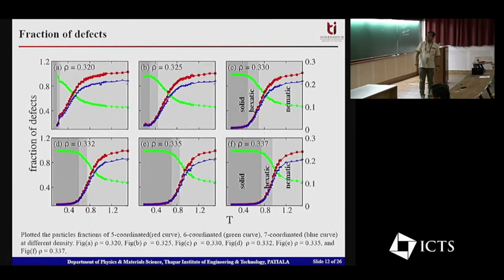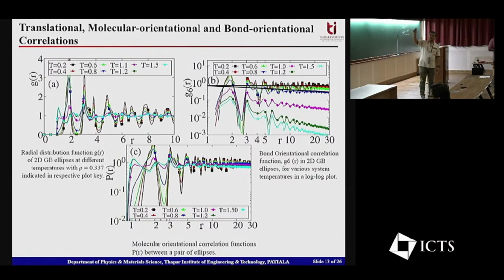When you plot this G6, it looks like this. On the top, you see that black curve, which is more or less horizontal. If it is a hexatic phase, then this curve would not be horizontal, meaning long range orientational order is not there. It would be logarithmically or algebraically decaying.